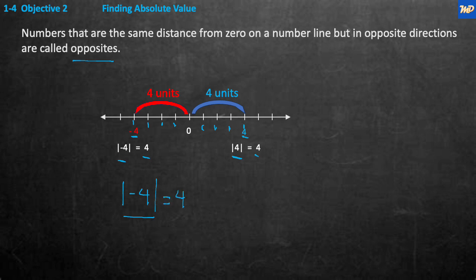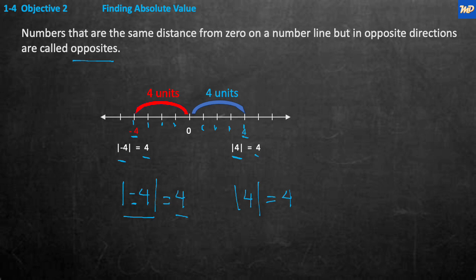The absolute value of -4 says, how many units is this from 0? Oh, it's 4 units. That's the absolute value. And on the positive side over here, 4 units from 0, the absolute value of 4. Here was -4 down on this side. On this side it's a +4. The absolute value of 4 is equal to 4.